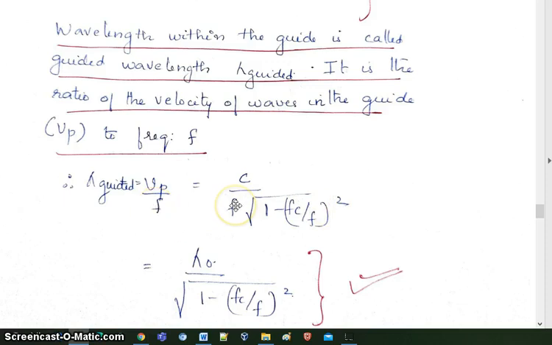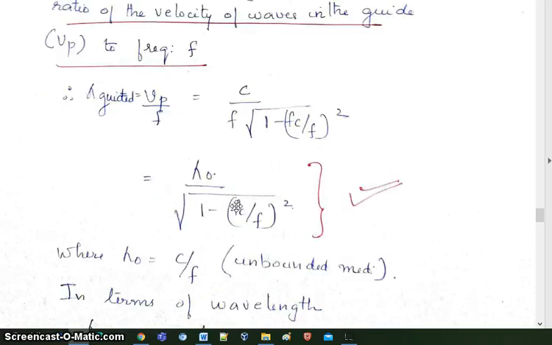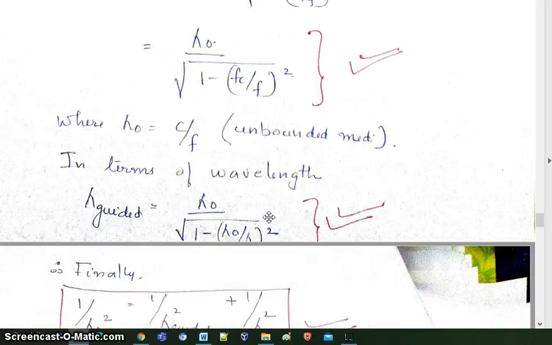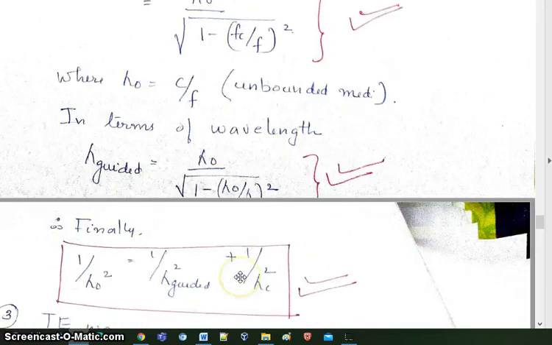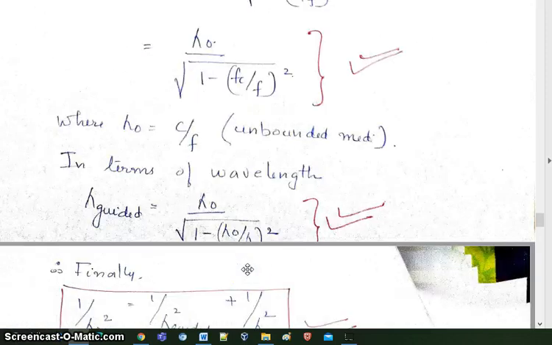Then you can modify and write in terms of lambda naught, where lambda naught is equal to c by f. So lambda guided is lambda naught by square root of 1 minus (fc by f) the whole square, and the same term can be expressed in terms of wavelength as lambda naught by square root of 1 minus (lambda naught by lambda c) the whole square. So that's the derivation for lambda guided.